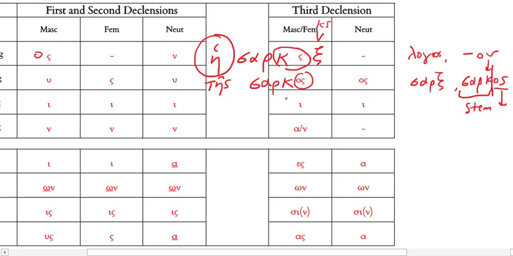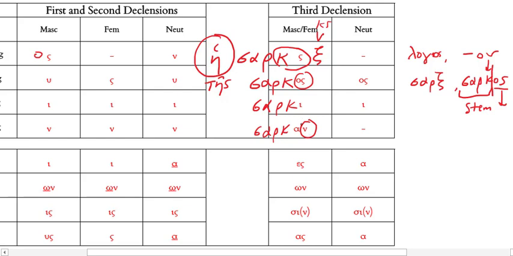Now, the dative singular is going to be sark plus the iota, and so it's sarki. And our accusative is sarka. This nu is an alternate ending. If the alpha is not used, then the nu is used.